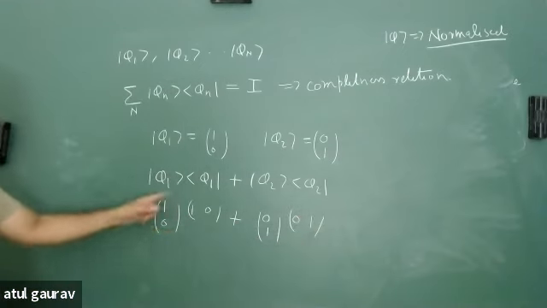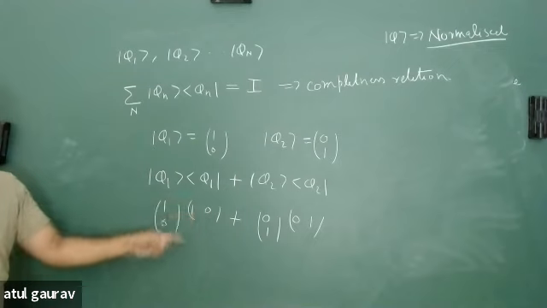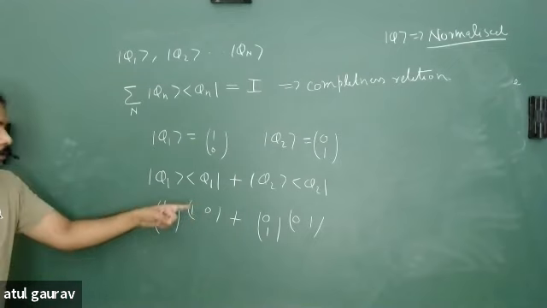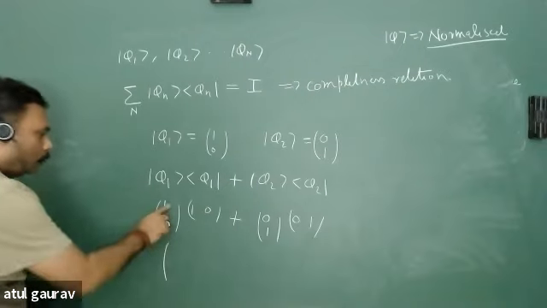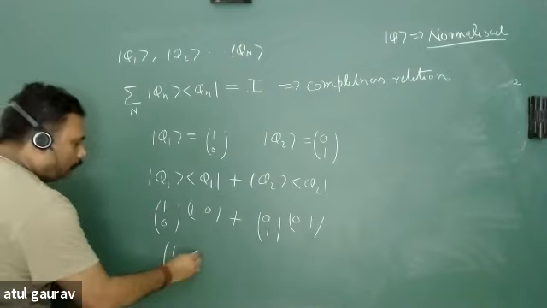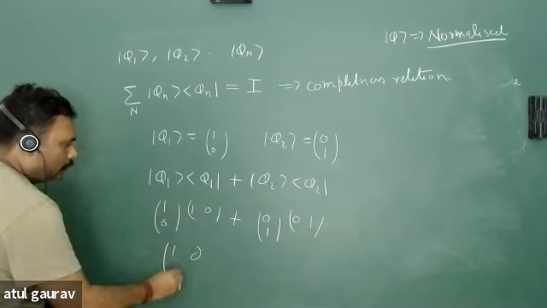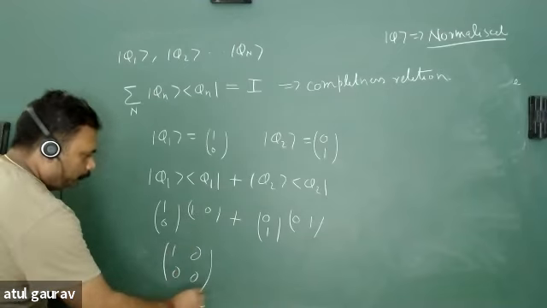Now this is not a number, this is a matrix. Row into column is a number, column into row is a matrix. Now what will this matrix be? 1 into 1 is 1, 1 into 0 is 0, 0 into 1 is 0, 0 into 0 is 0.